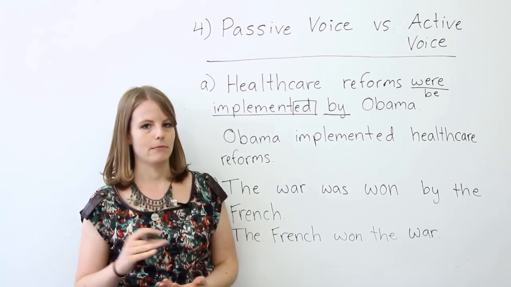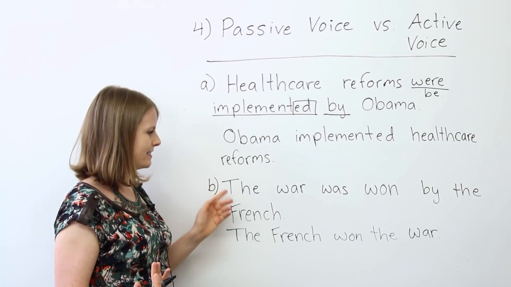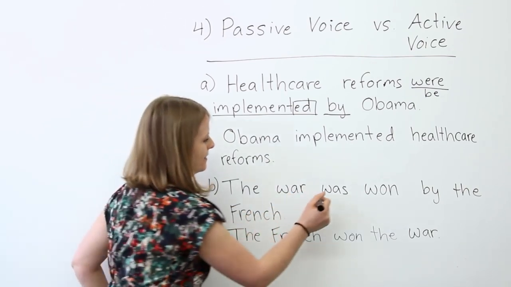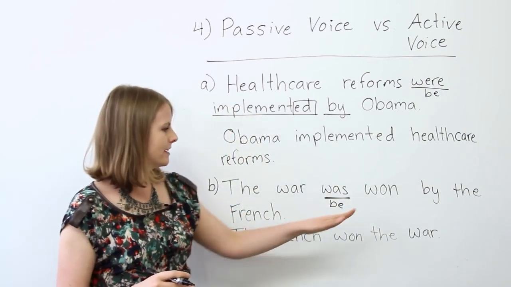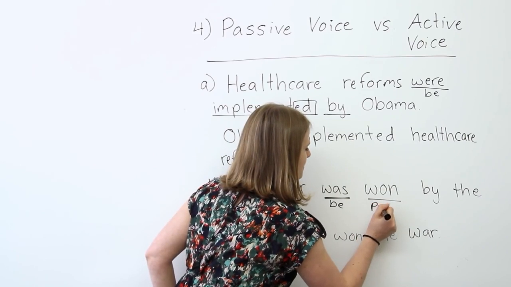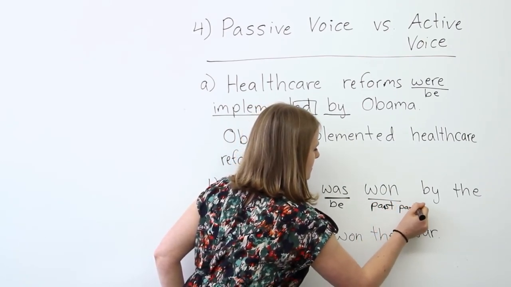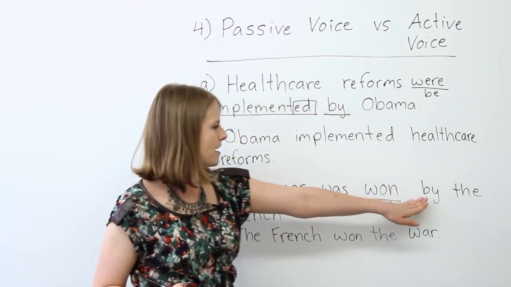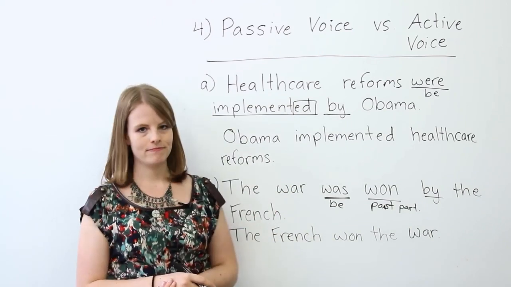So here is another example of this. If I wrote in the passive voice, I would write, the war was, so here we have a form of the be verb, won, so here's the past participle of win, by, so another keyword, the French.